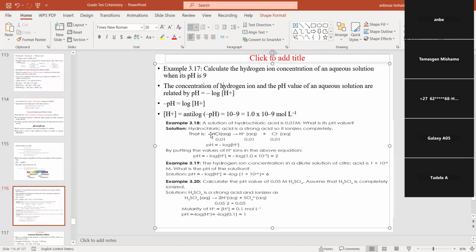The other thing is a solution of hydrochloric acid is 0.01 molar.